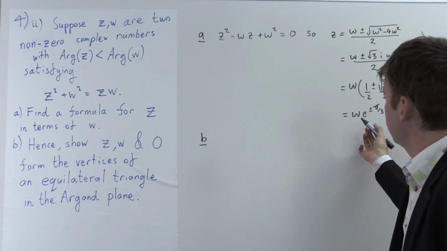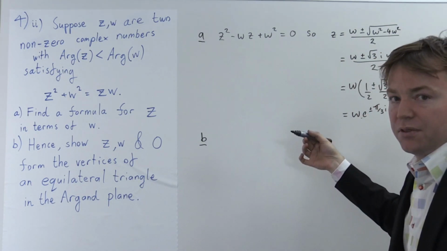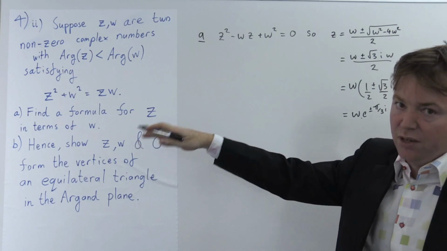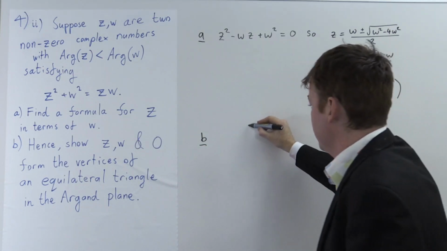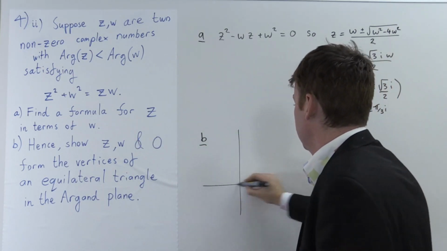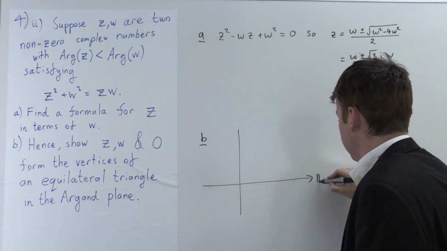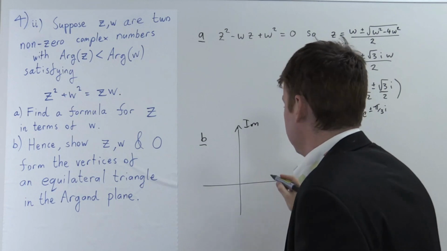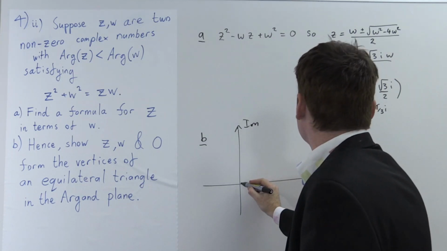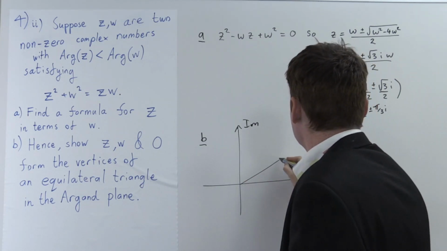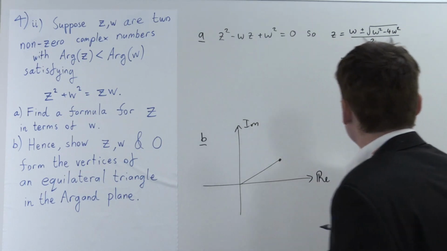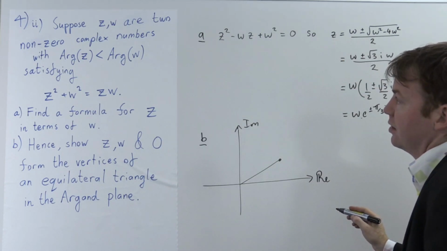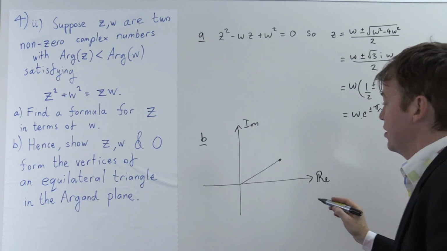So z is just a rotation of w. It's a rotation by either pi on 3 or minus pi on 3. So I can draw a pretty picture of that. Here's my Argand diagram. Let's say, for example, this could be w, and z is supposed to have smaller arg.